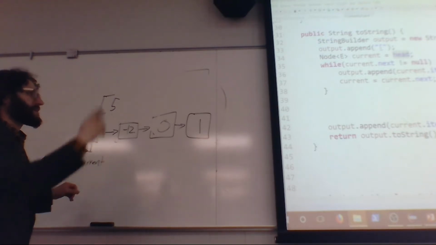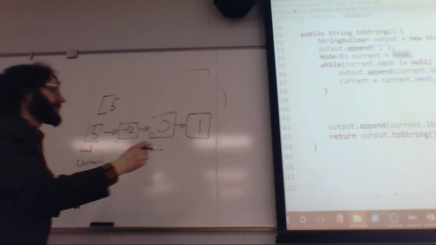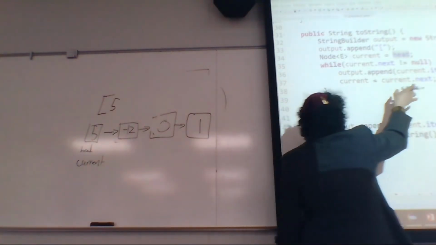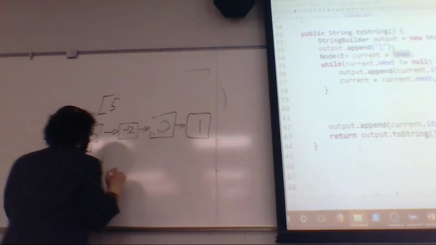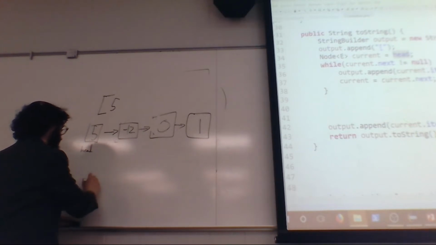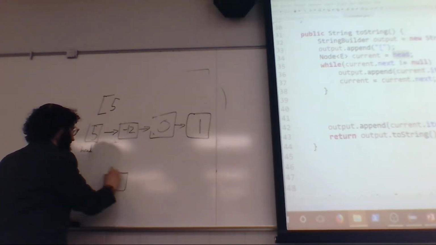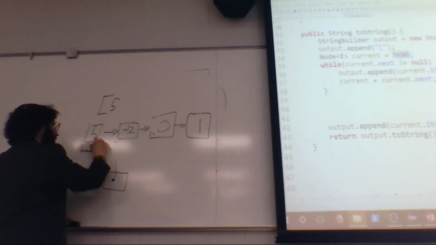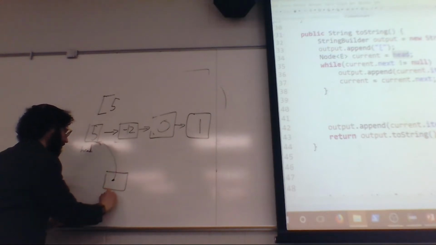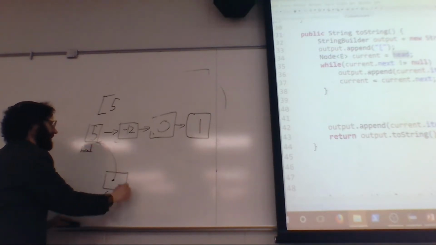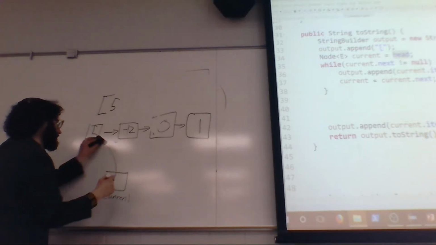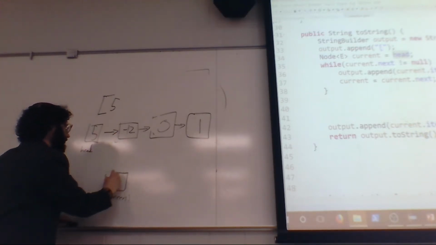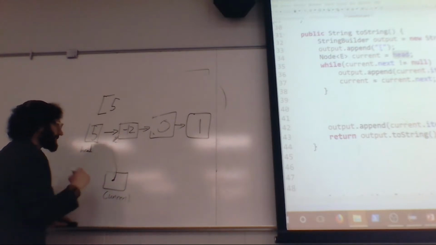And then the next thing it says is current is equal to current.next, which says let's take the node current.next and store it in current, which means just advance current. So remember, if we were looking at this, current was pointing to this one, and we said let's go to current.next instead. Current.next is now current. So now we point here.